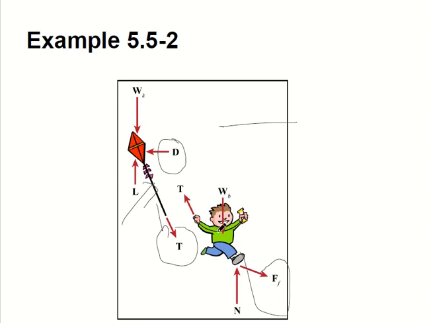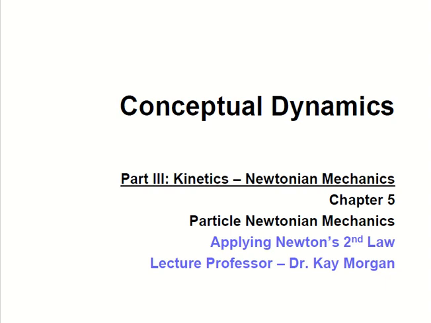Between the ground and the boy, there's a normal force, and of course a friction force because of the contact between the boy and the ground. The air is pushing in this direction. So now you have all of the forces in a free body diagram.